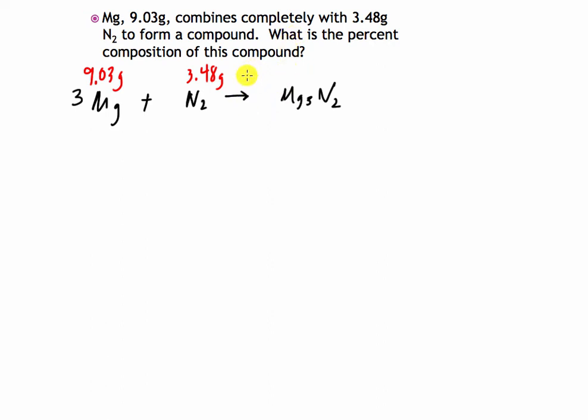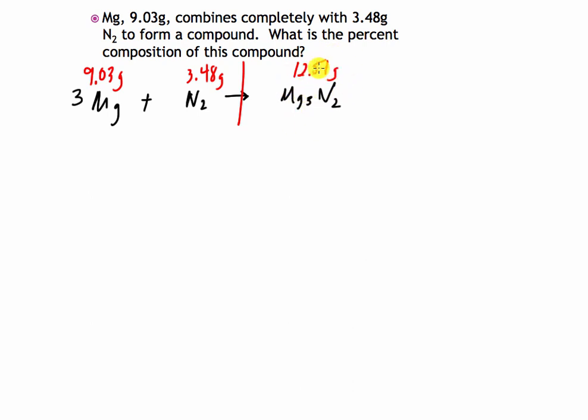If you remember the law of conservation of mass, the mass on this side of the reaction should equal the mass on this side of the reaction. So my total mass of compound, if these go completely together, will be 12.51 grams. I'm just going to add these two together to get this total, because the reactants must equal the products.